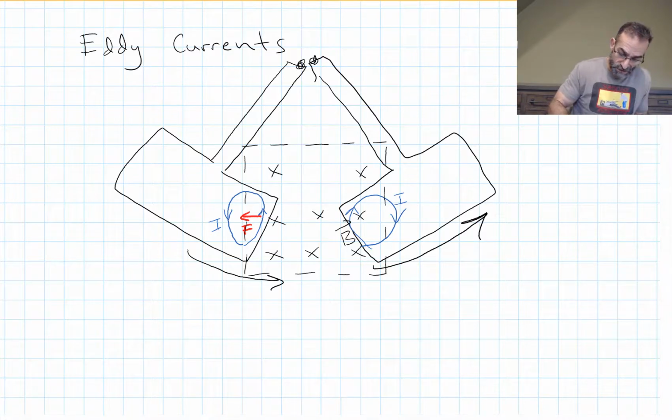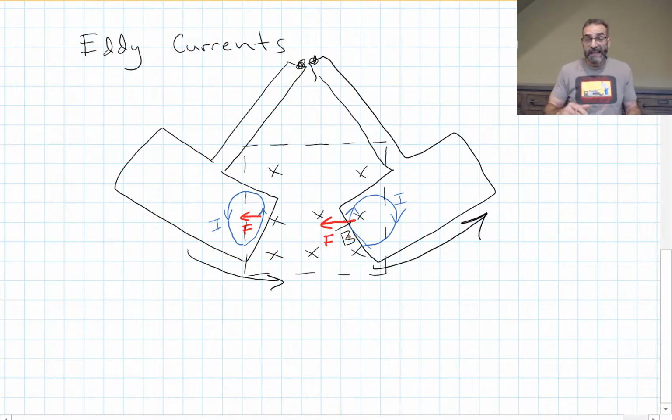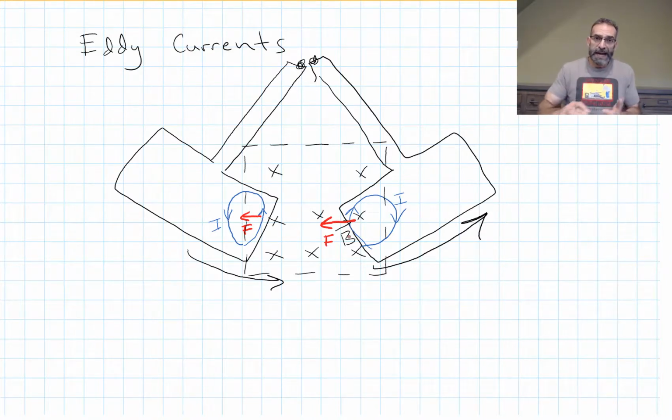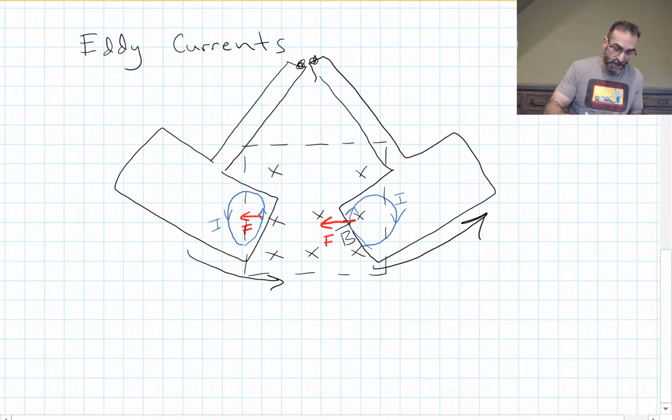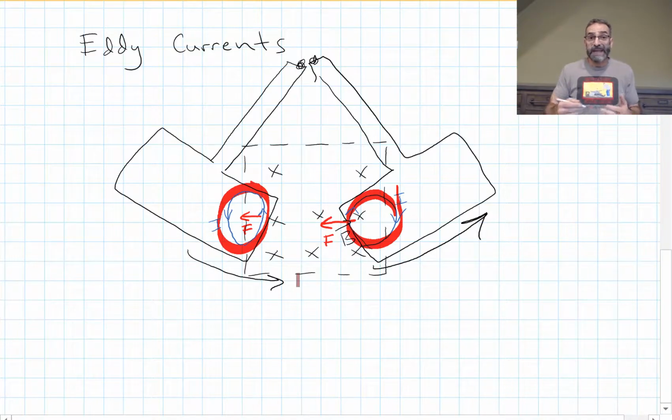What direction is the force? To the left, slowing down our moving conductor. It doesn't matter whether it's moving into the region of magnetism or out of the magnetic field region. The force slows it down either way. And these currents, these small loops of current that are forming here, one over here, those are called eddy currents.